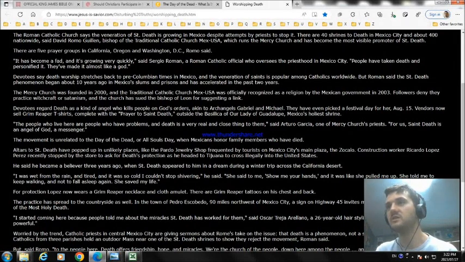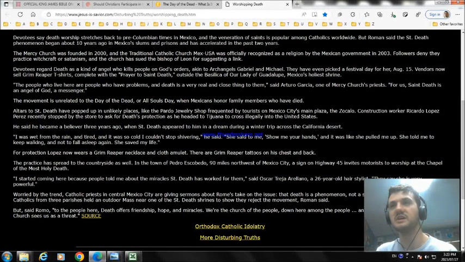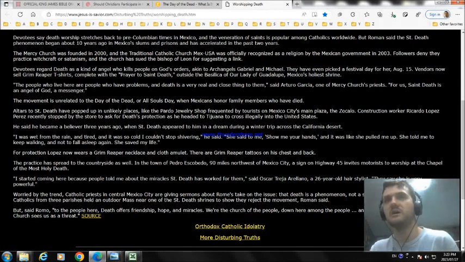The people who live here have problems, and death is very real and close to them, says Arturo Garcia, one of the Mercy Church priests. For us, Saint Death is the angel of God and a messenger. The movement is unrelated to the Day of the Dead or All Souls Day, when Mexicans remember family members who have died, but altars of Saint Death have popped up in unlikely places, like a jewelry store in the main plaza of Mexico City.